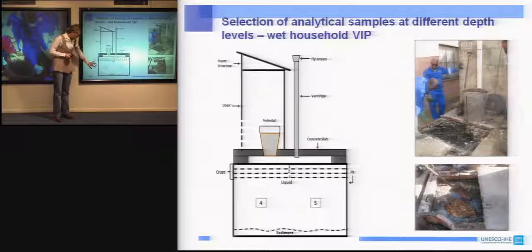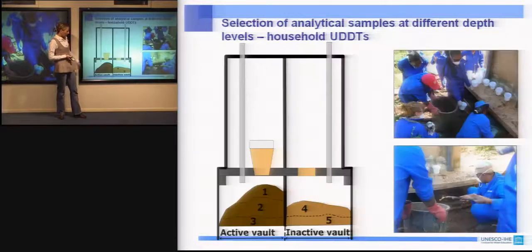So what we discovered was that we had liquid in the pit, and then the sludge was concentrated at the top. So we developed a different method for sampling from this pit because it was not exactly comparable with the previous dry ventilated improved pit latrines.